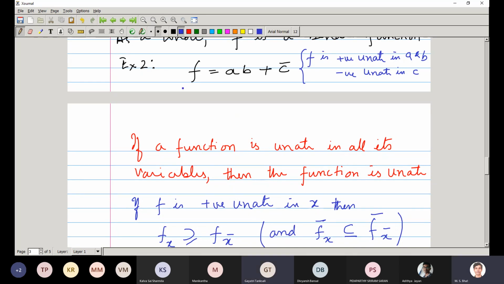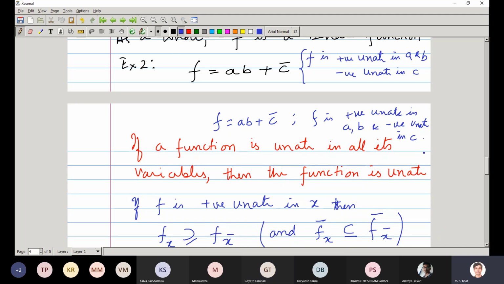Suppose f is equal to ab plus c bar. f is positive unit in a, b and negative unit in c. So f is unit in all three variables. In some variables it is positive unit, whereas in some other variables it is negative unit. But overall the function is unit.